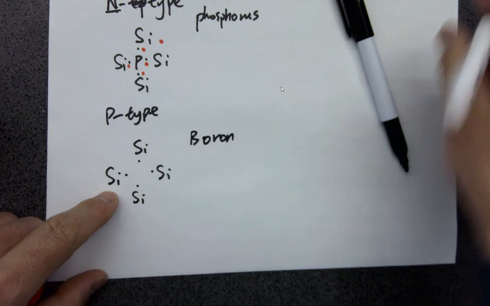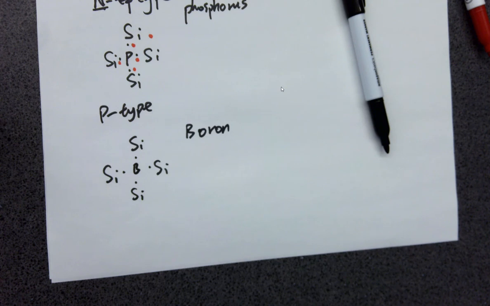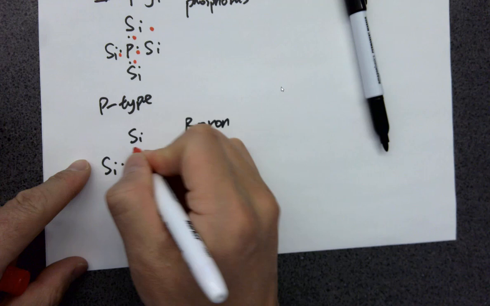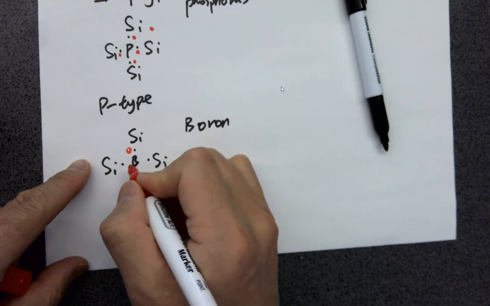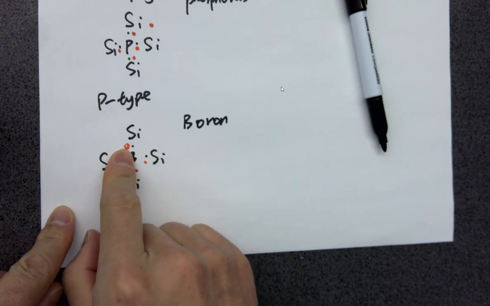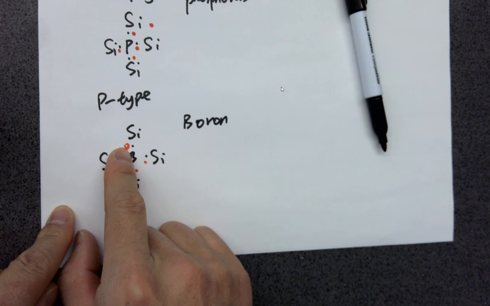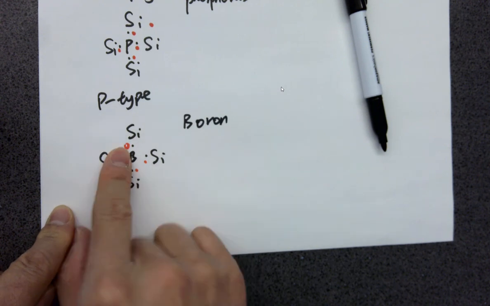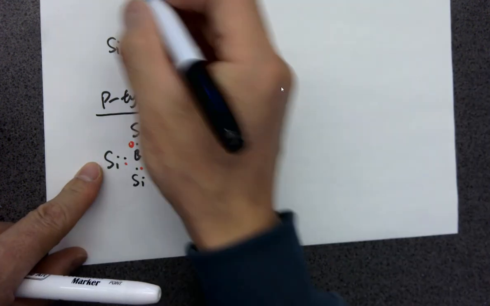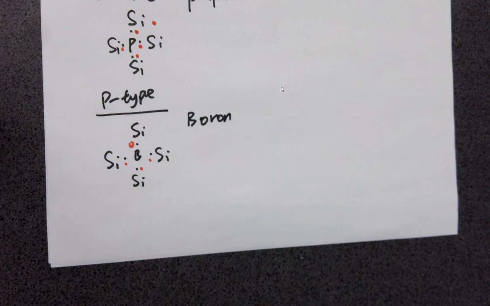But the thing is, the boron atom only has 3 electrons to form all these covalent bonds. So eventually there will be a hole left over here without having an electron to fill it up. So it's called P-type because this is positive, it's plus, right? So that's why it's called P-type material. Am I right? N-type, P-type.